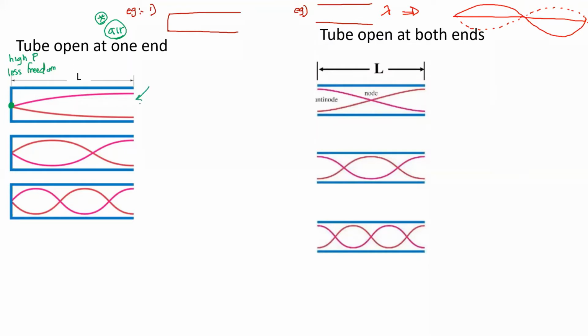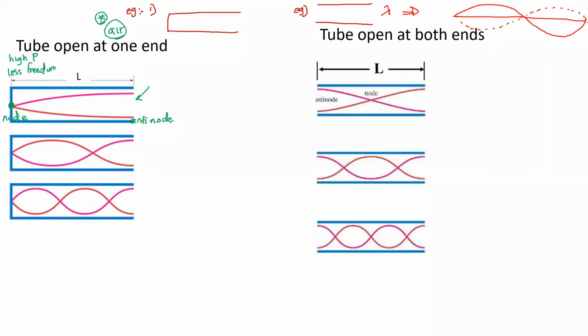But this point, the air can move freely because it is open. So that is our boundary condition for a tube that is open at one end. That means this end should definitely have a node and this end should definitely have a displacement antinode. Displacement means air is displacing.